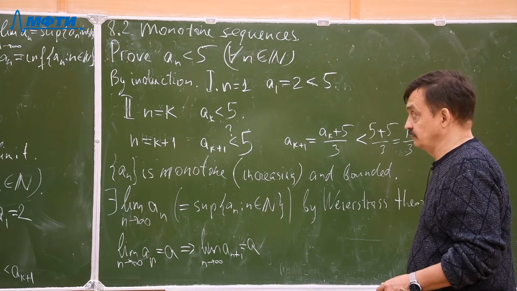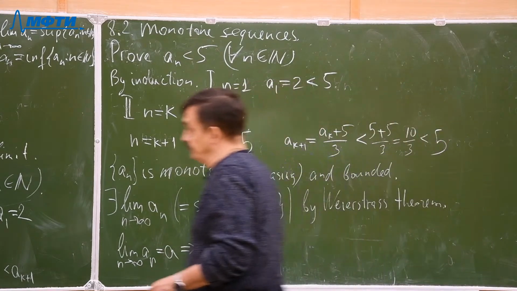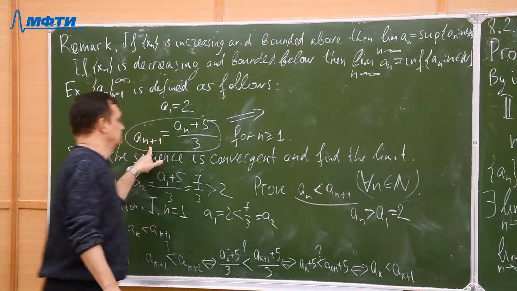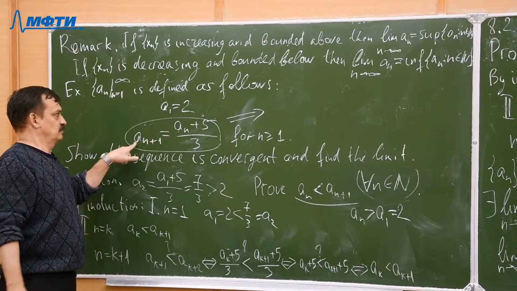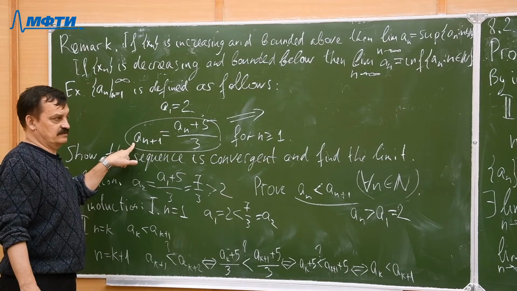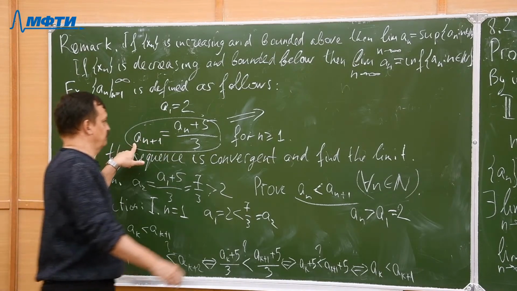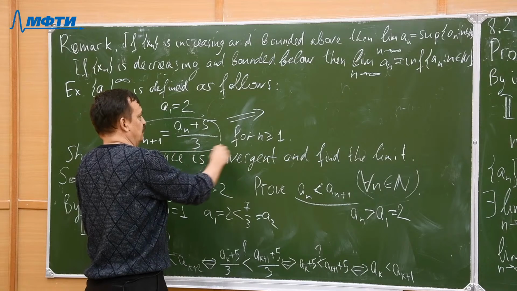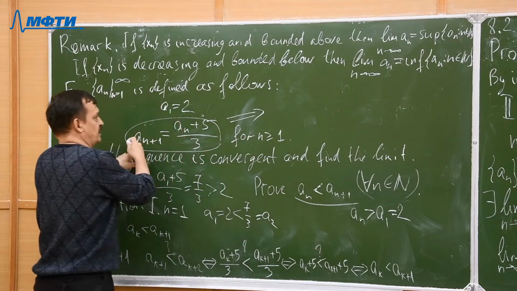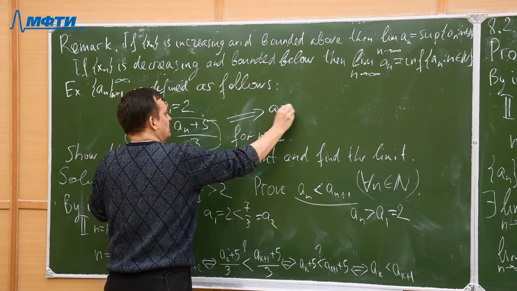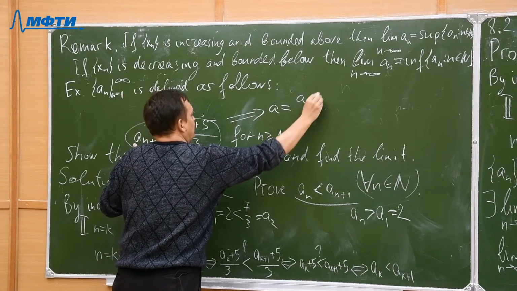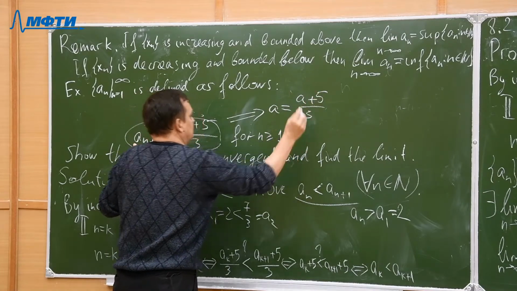So what can we do now? Look at this equality. We know both limits exist. Hence, if we take the limit on both sides, we have a equals (a plus 5) over 3.